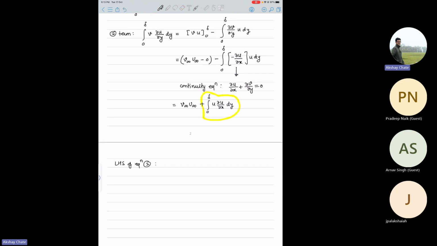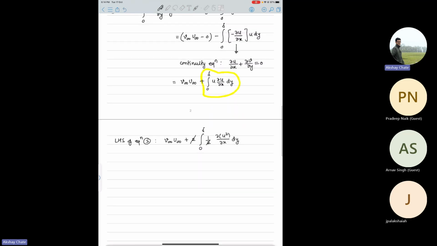So basically it will become v infinity, u infinity, and you will have 2 times the integral from 0 to delta of half del u square by del x dy, and this half will get cancelled because it's a constant, and you'll have only this del u square by del x dy term. Now the problem is this v infinity, we don't know what it is.